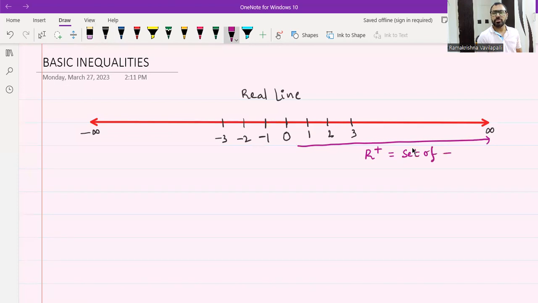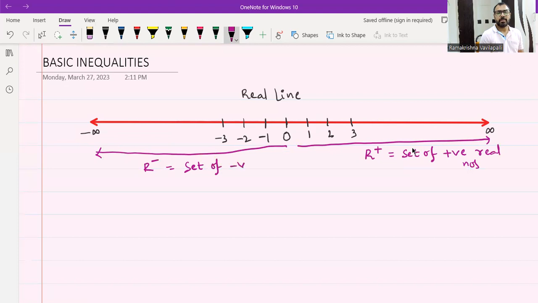Whereas this negative side is R minus, the set of all negative real numbers.